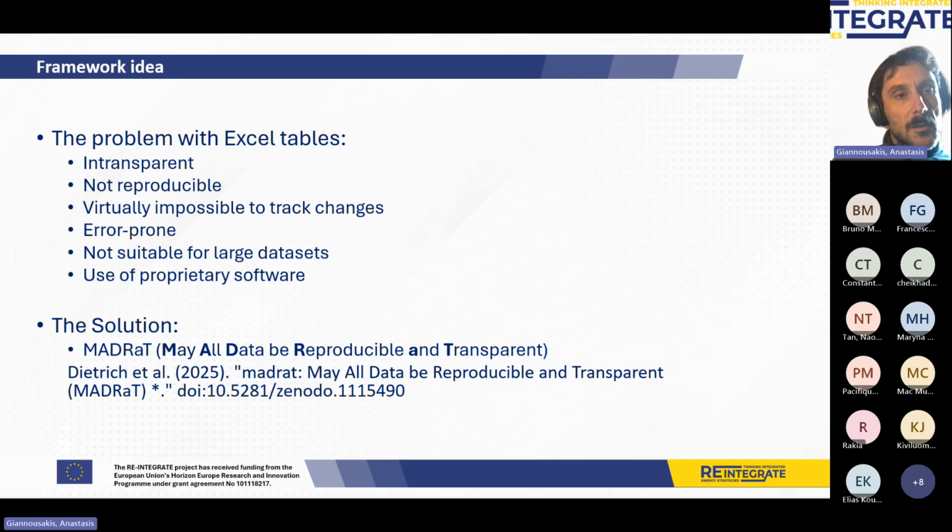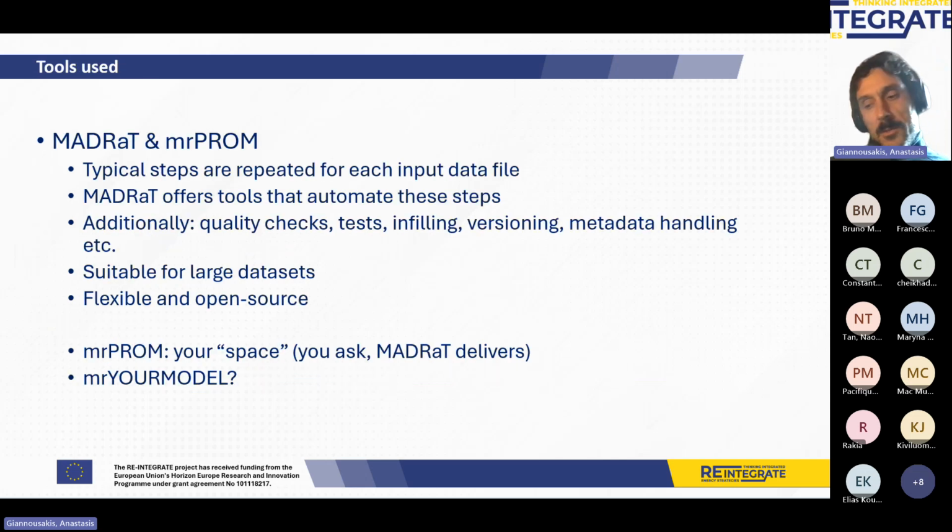Essentially, the tools that are used to create an input data framework would be Madrat, which is what I just mentioned, basically an R package written in the programming language R, and a second R package, and we will see why we have two, which is your package, chosen by the modeling team or the modeler.